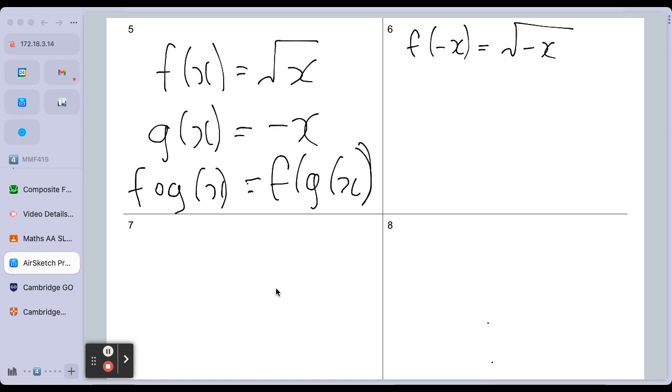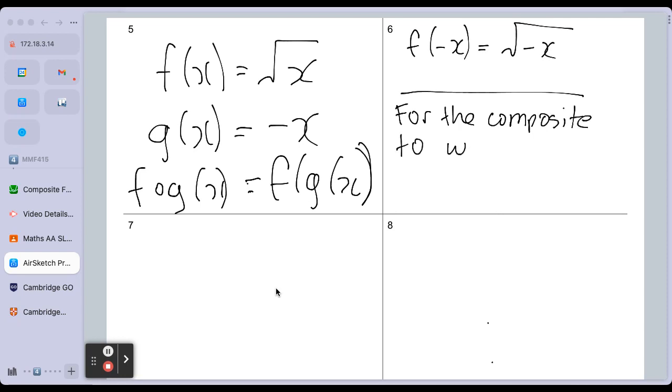So we need to see that for this to work, we need to restrict g.